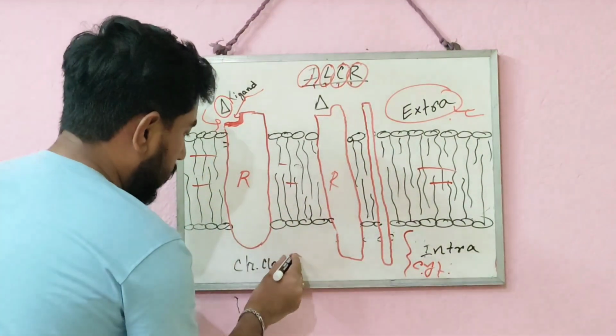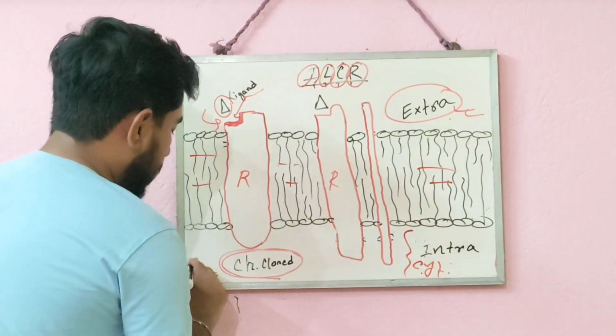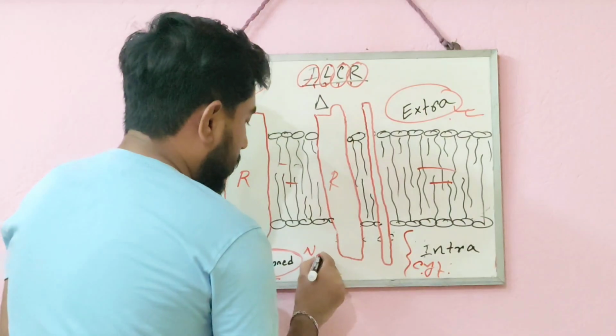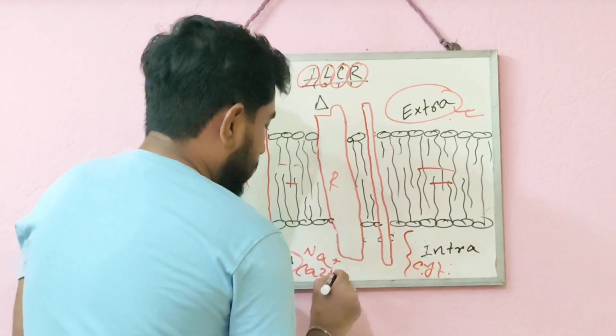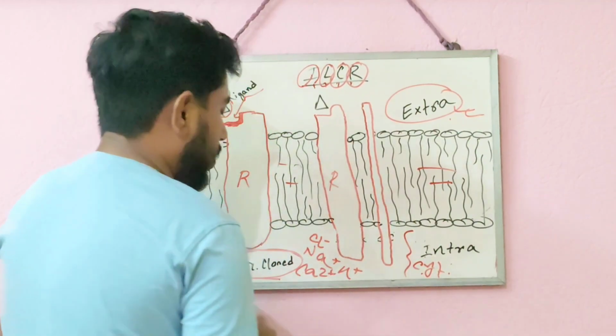And in the intracellular part where cytosol is present, different ion channels are present. What are these channels? Sodium channels are there, calcium channels are present, then potassium channels are present, and chloride channels are present.